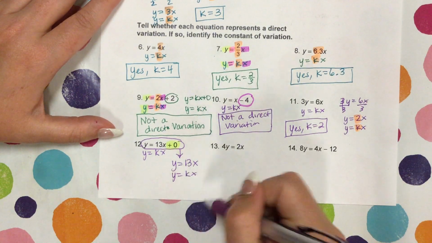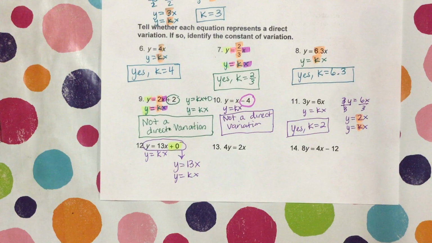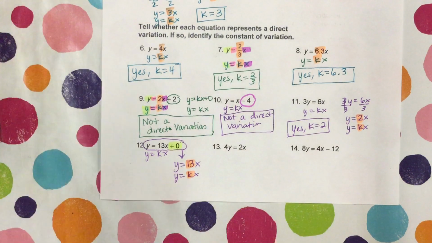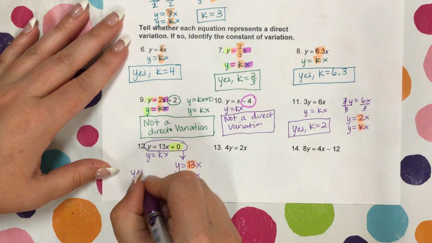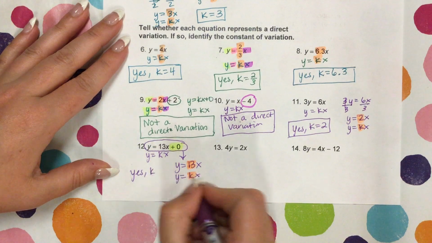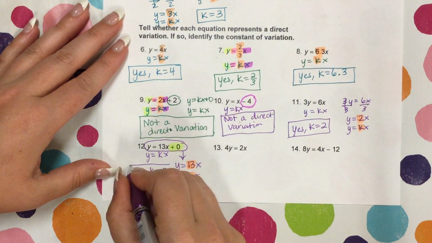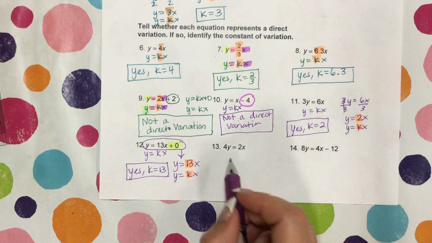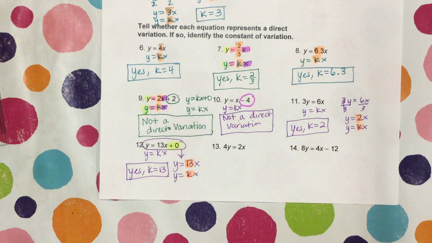The y's there, the equals, the x, and there is our constant of variation. So yes, this is a direct variation just by looking at it, and our constant of variation, k, is equal to 13. Okay? Let's go ahead and look at problem number 13.